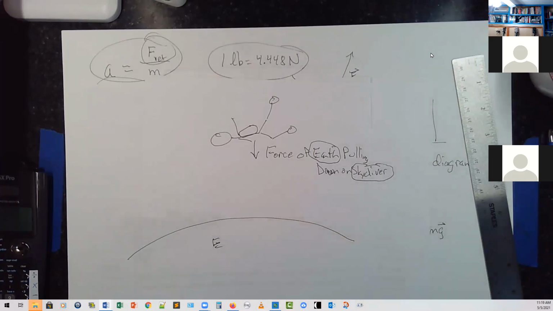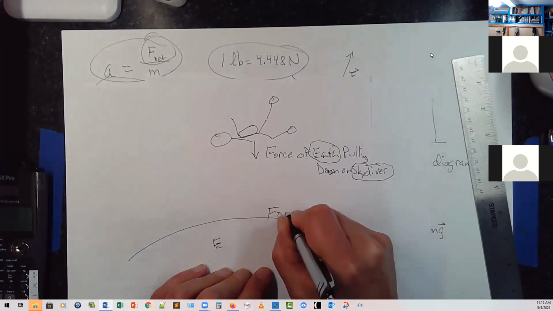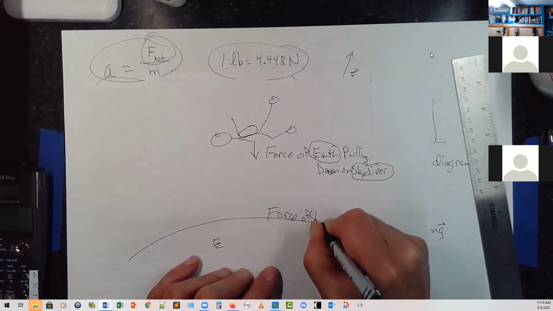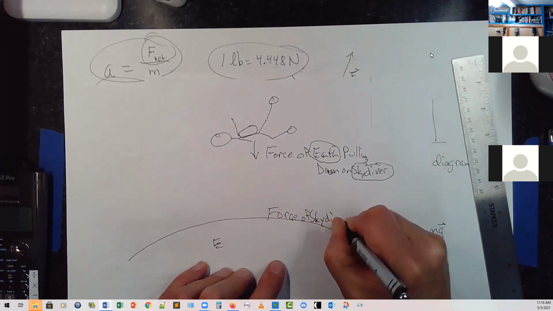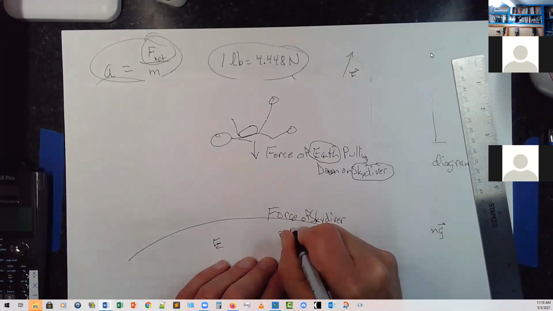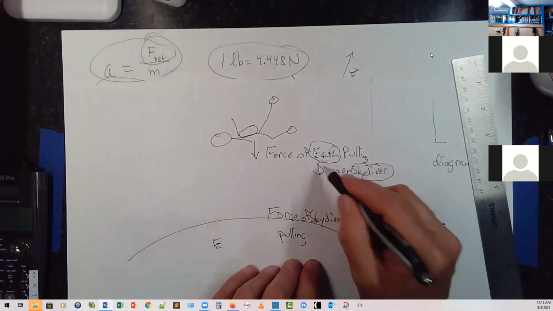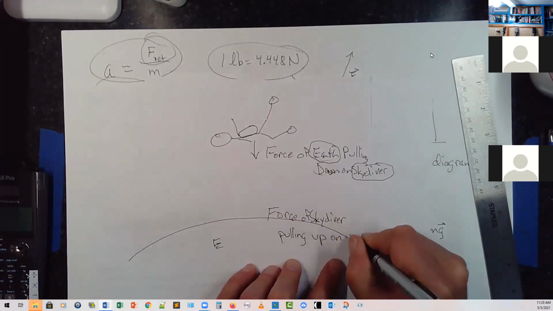And we tend to call these things third law partners or third law pairs. So what I'll get is the force of the skydiver, this is going to sound ridiculous, by the way, I do want to reverse the direction of the force, so pulling up on Earth.